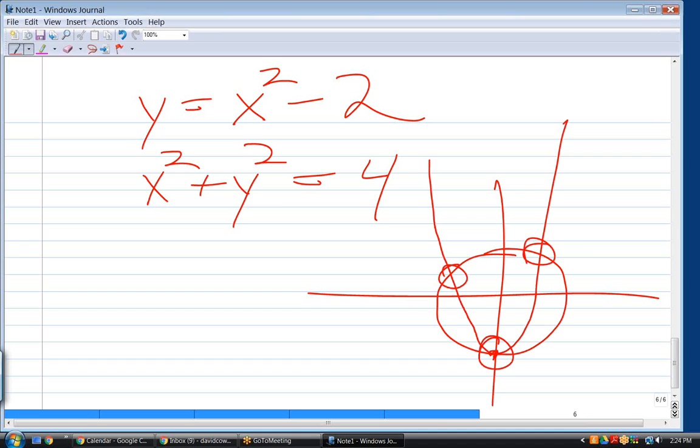So how do we solve for those 3 points? You have to solve the system. It's the easiest way to solve this system. You could eliminate the x squareds. Well, you got 2 choices, right?